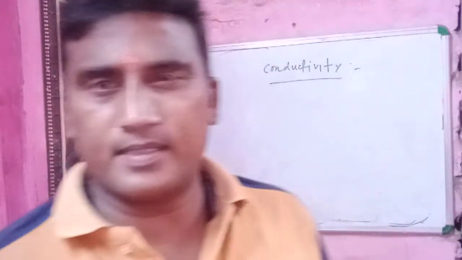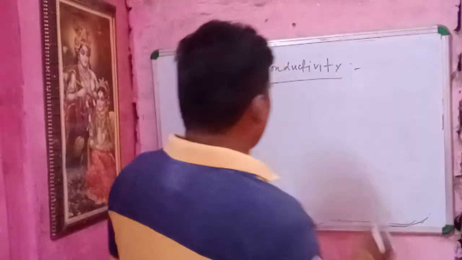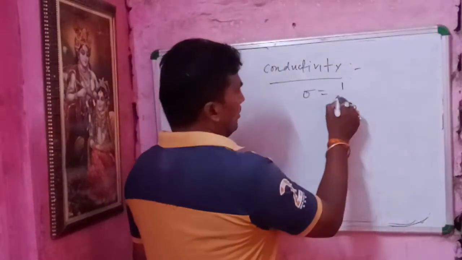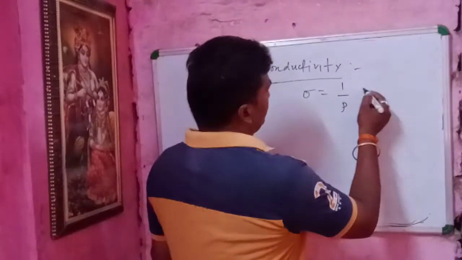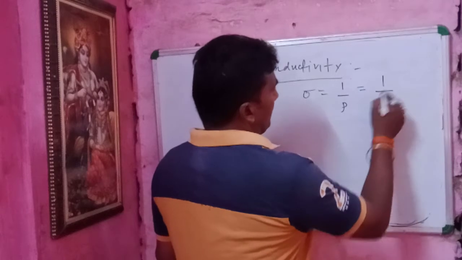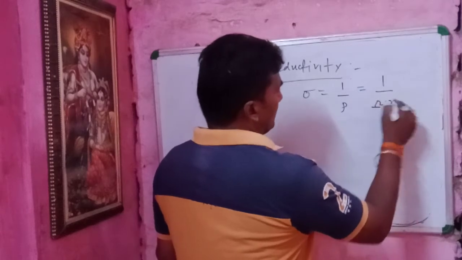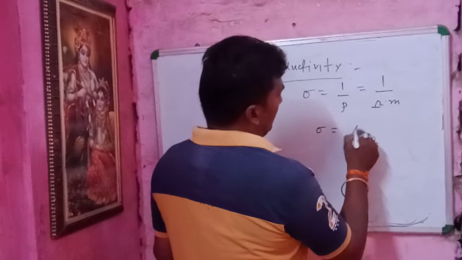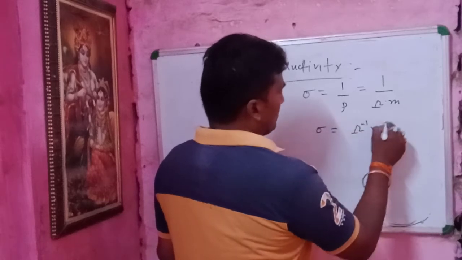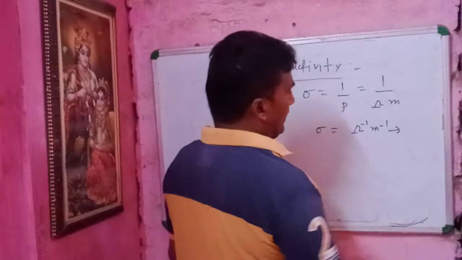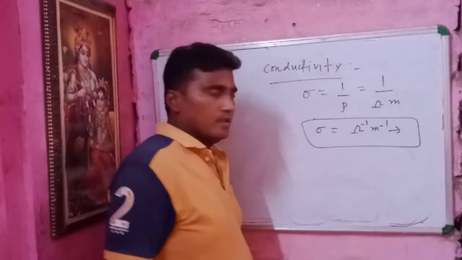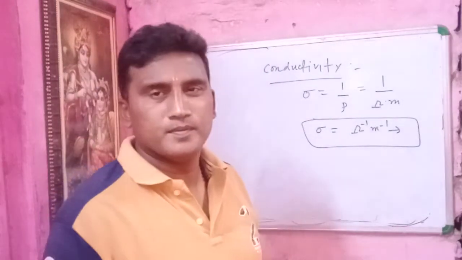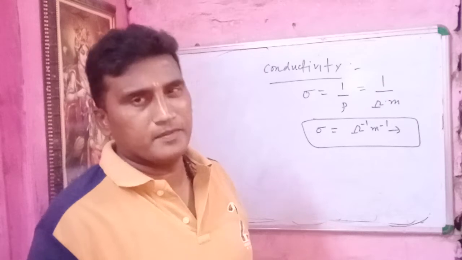What is conductivity? It is the reciprocal of the resistivity, and it is denoted by sigma is equal to 1 by rho. The SI unit is 1 by ohm into meter, which is converted to ohm minus 1 meter minus 1, and it is also called the unit of conductivity.